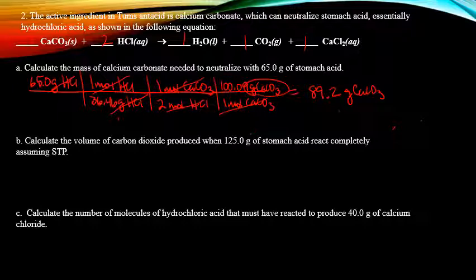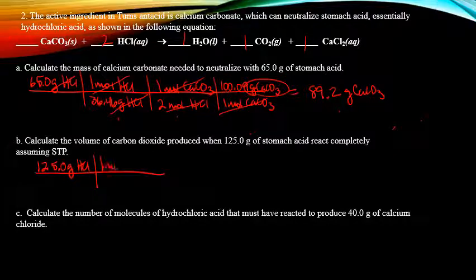All right, so let's now look at our next one. We have the volume of carbon dioxide that's being produced when 125.0 grams of the stomach acid is reacted completely, assuming STP. So again, we have a mass to volume type of problem here. And if we set this up, we are going to start again with 125.0 grams of the HCl and 1 mole of the HCl, 36.46 grams.